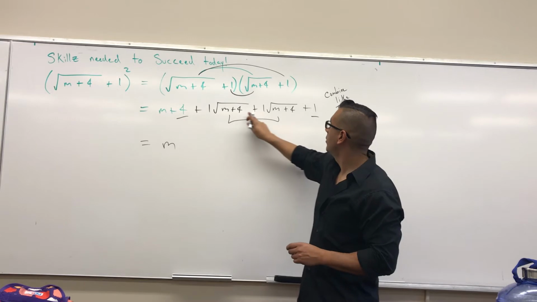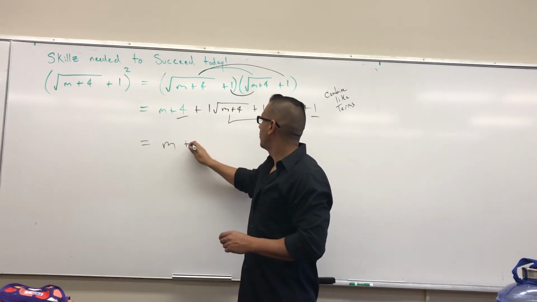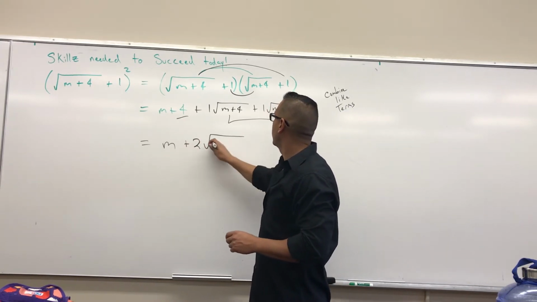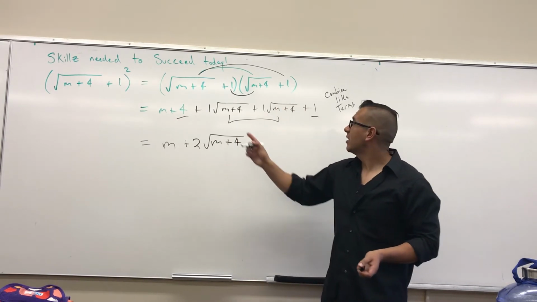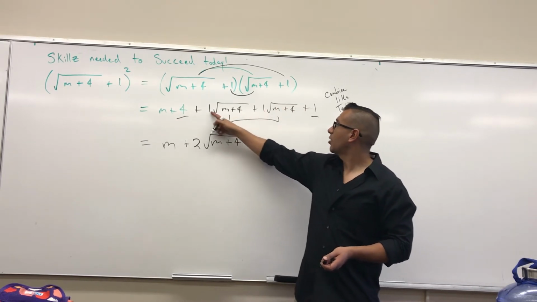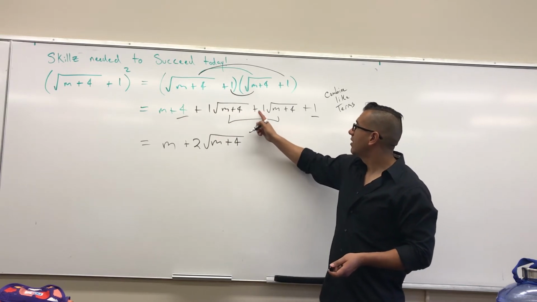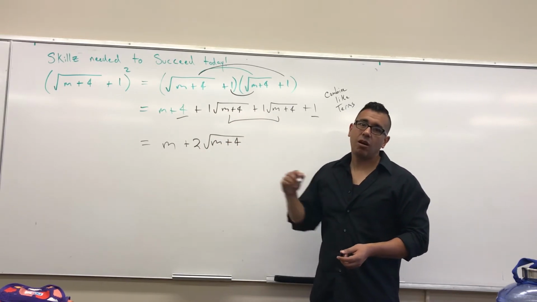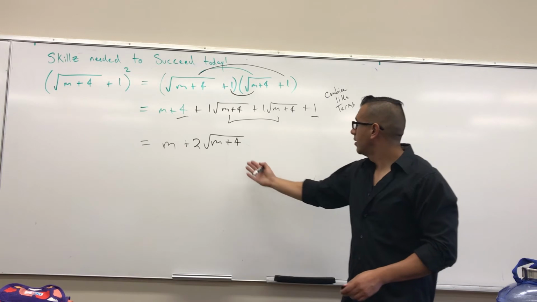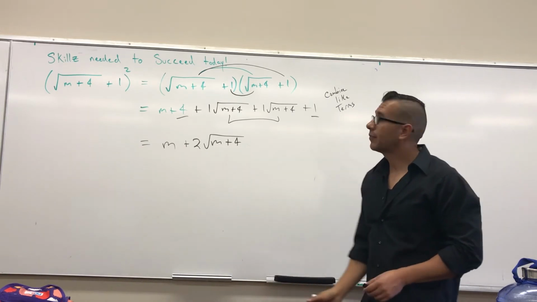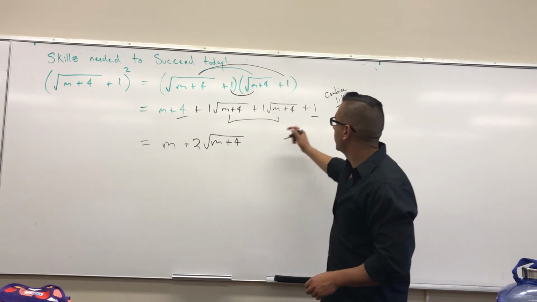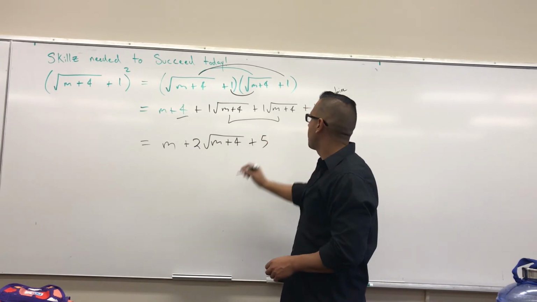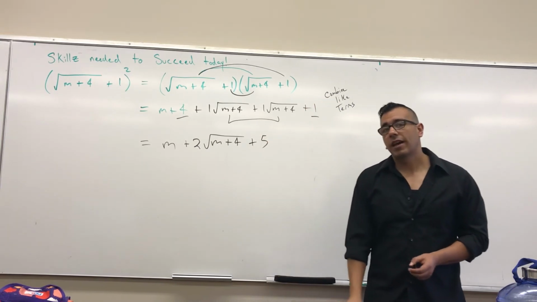We have 1, 2. So plus 2 square root n plus 4. All we do is we add those coefficients. So if that was a 3 and if that was a 5, then I would have an 8 right here. So you always just add the coefficients. This always stays the same. And then we have the 4 plus this 1. Those are our constants. So there you have it.